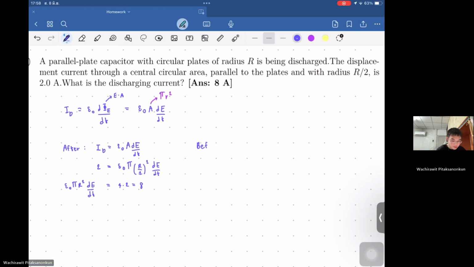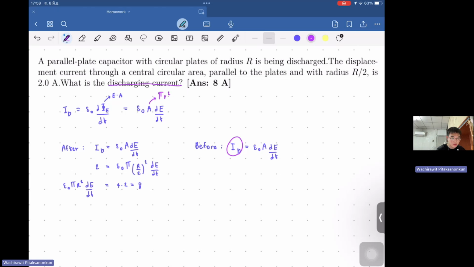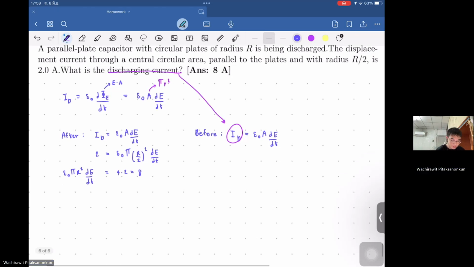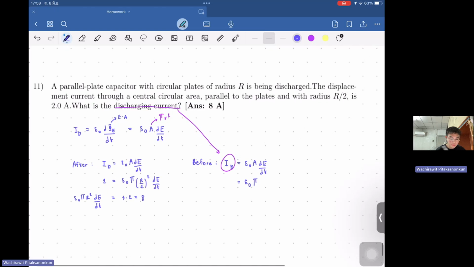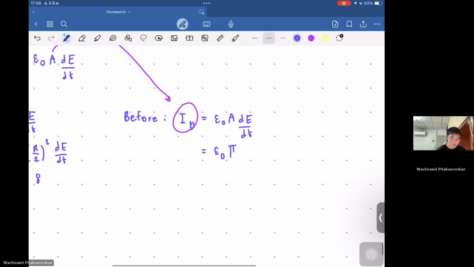And then before, also the same equation. And what we want to know is this thing, the discharging current is this one. So we put the variable as we know. This one is radius r.